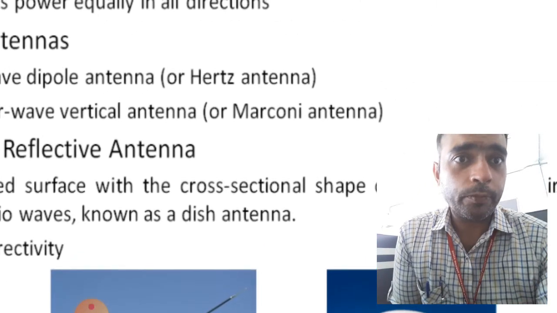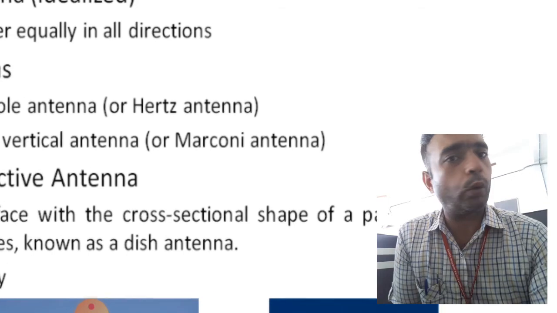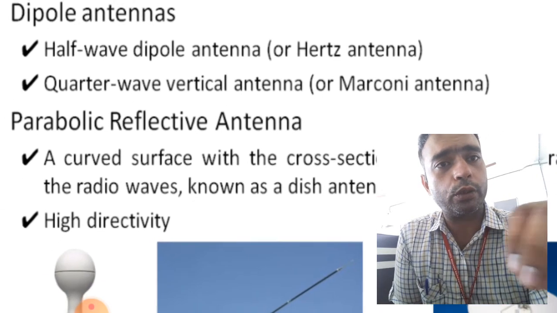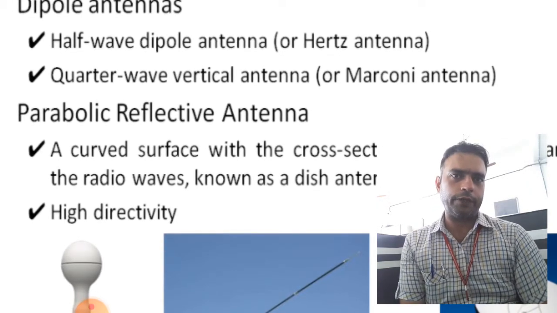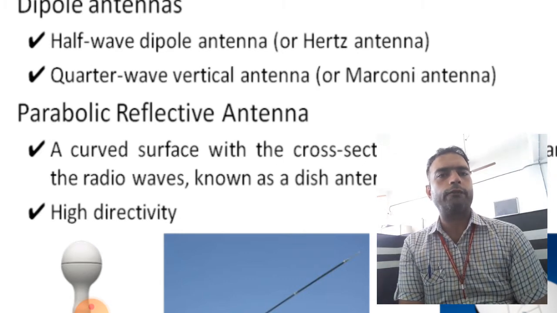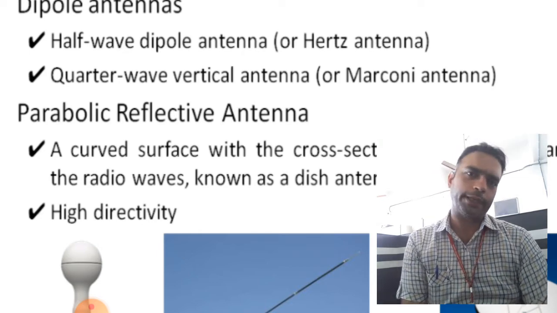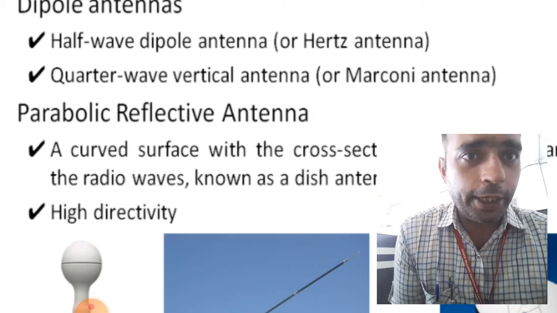The quarter wave vertical antenna is also known as the Marconi antenna, and the half wave dipole antenna is also known as the Hertz antenna. Hertz means the frequency part; it uses different frequencies for transmitting electromagnetic power, we can say. And the next one is the parabolic reflective antenna.